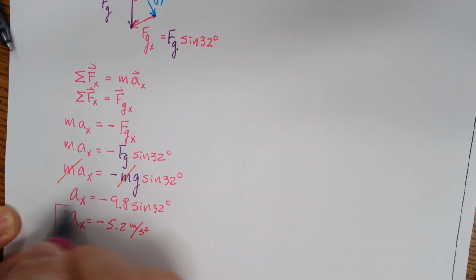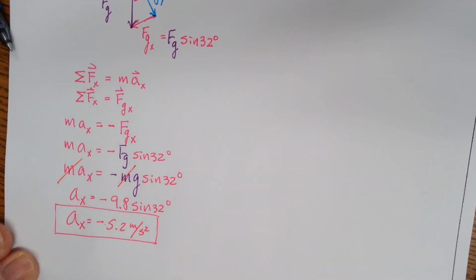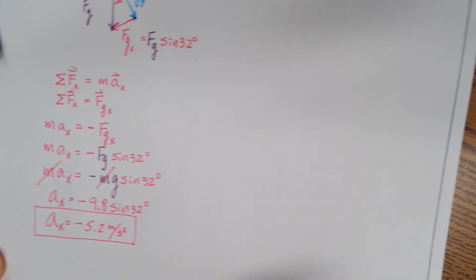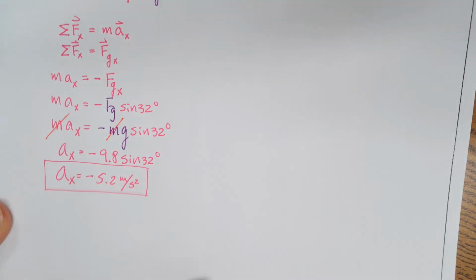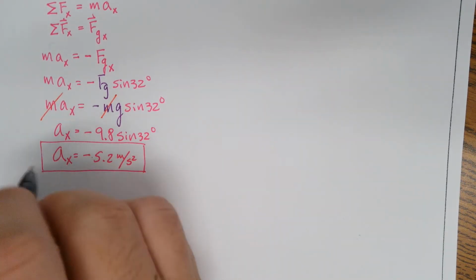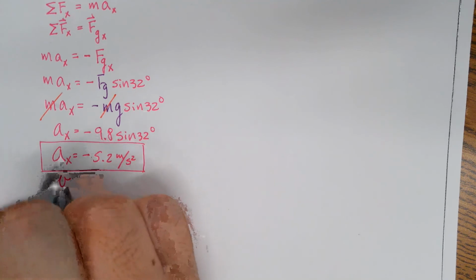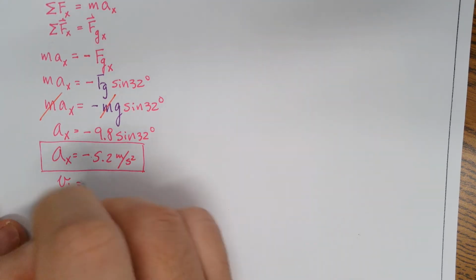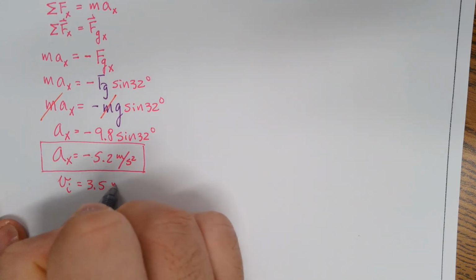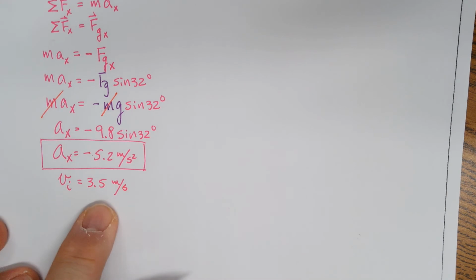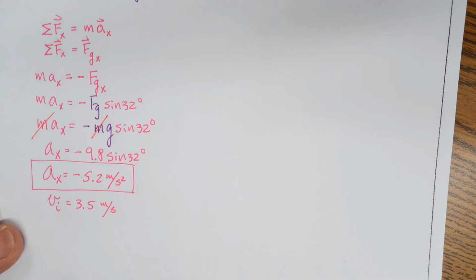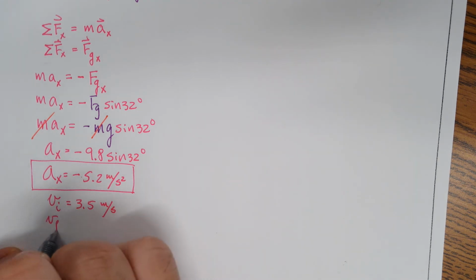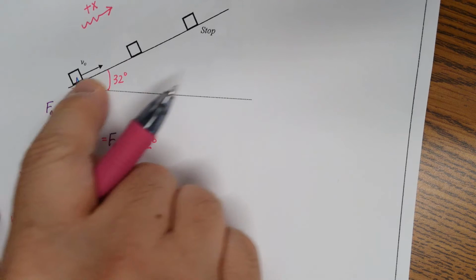Now, once you have that acceleration, now you can actually solve for part A. We have acceleration. We know the initial velocity, v naught, vi, is equal to 3.5 meters per second, and it is positive because it's pointing in the positive x direction. We also know my final velocity at the top, when it reaches the top of the incline, is going to be 0.